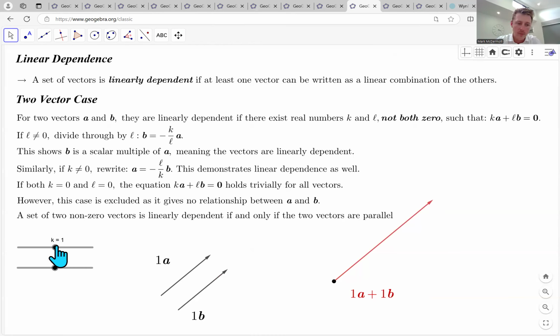So as you probably saw, as we change K, we're changing the size of the red vector, right? And now if you were to add two groups of A plus one group of B, you'd get a vector like this. What this is saying is if we can get a non-trivial solution, so values of K and L where we can get the zero vector, this red vector to go to zero, then they are linearly dependent.